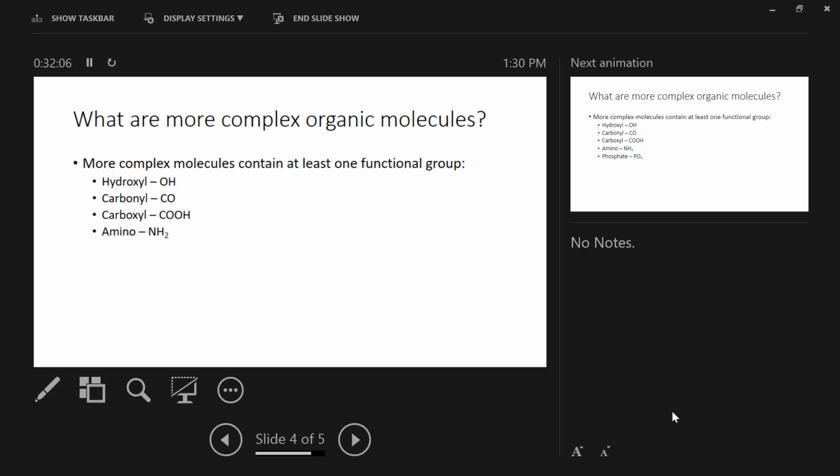An amino group. So one of our carbons is bonded to a nitrogen that's bonded to 2 hydrogens. How many bonds is this carbon making? 2.